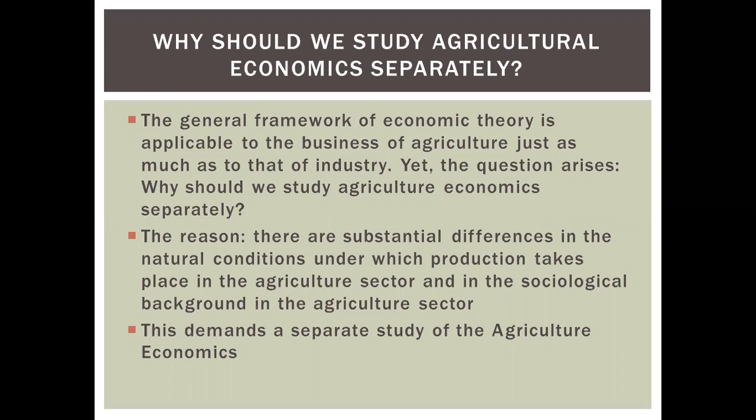They are hardly brought under the control of human beings; they are beyond our control. Therefore, the agriculture sector often faces a lot of uncertainties because of the involvement of these natural conditions in determining the course of action.